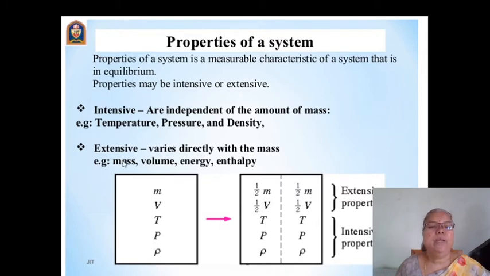For example, mass, volume, energy, enthalpy, entropy, all these are extensive properties of the system. That means they depend on the quantity of matter present in the system. You know, there are two properties of a system: intensive properties and extensive properties.